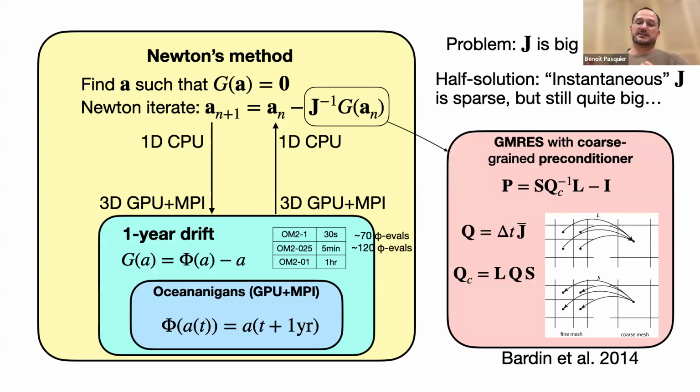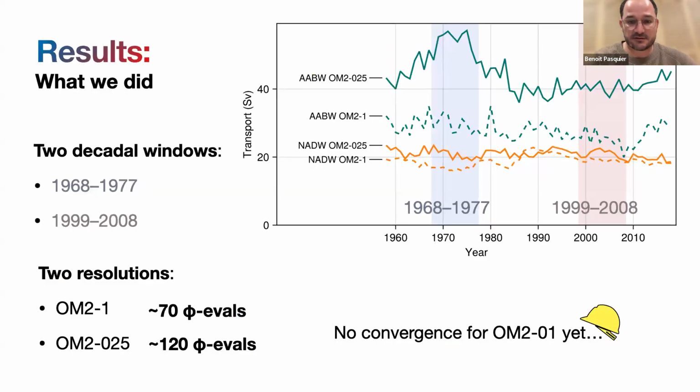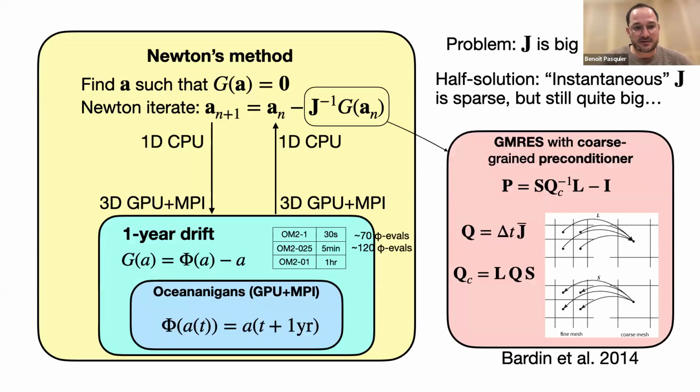So this is a schematic of what I do, and I'm going to take you around starting from the bottom. I lost my cursor again, so I'll try to do it without the cursor. At the bottom, you have this blue little box. I'm going to use Oceananigans. Why Oceananigans?